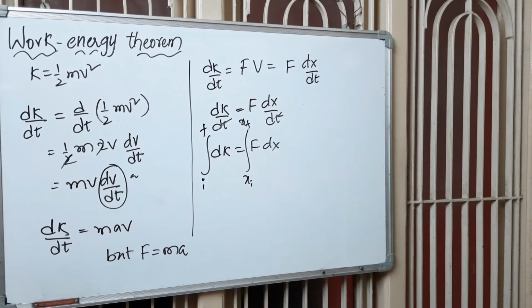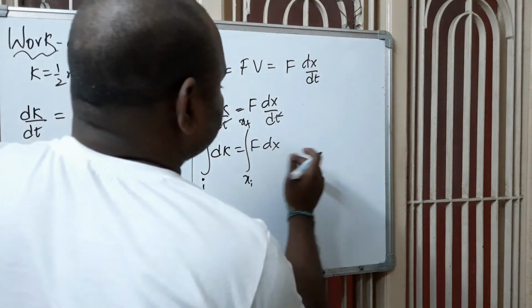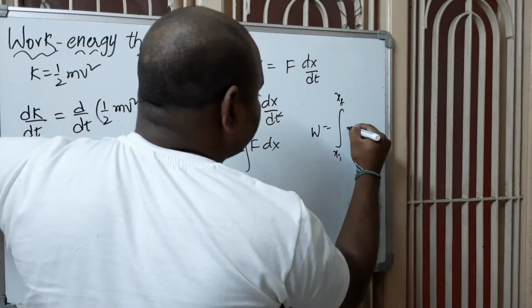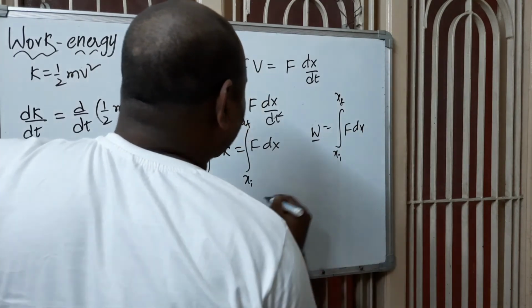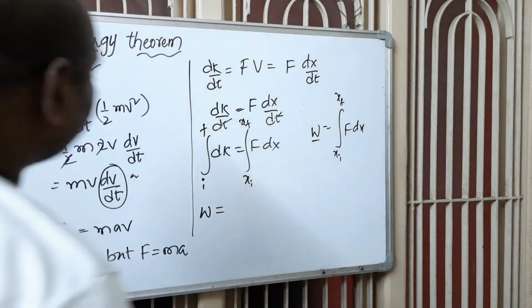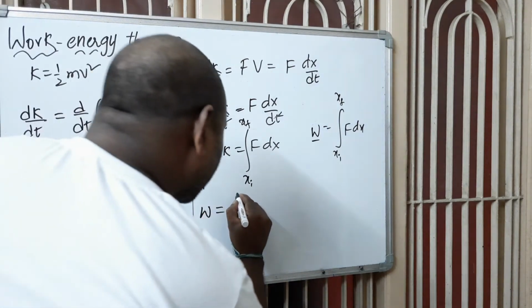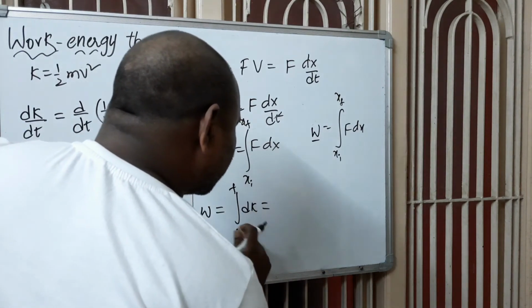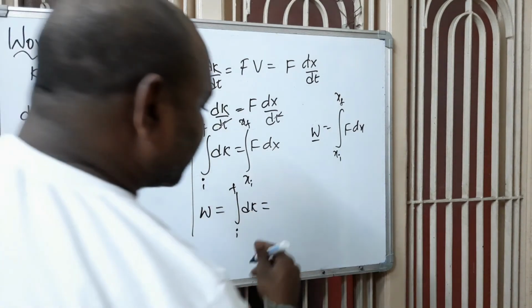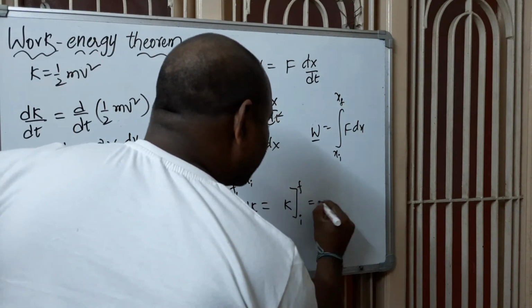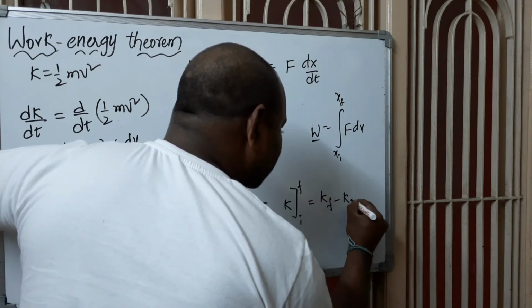On integrating this, you know very well, work is equal to the integral from x i to x f of F dx, which is called W. So I will write W is equal to, now we will solve this one, integral i to f of dK, which is 1 dK. Integration of that is K, limits i to f, so you can write K f minus K i.